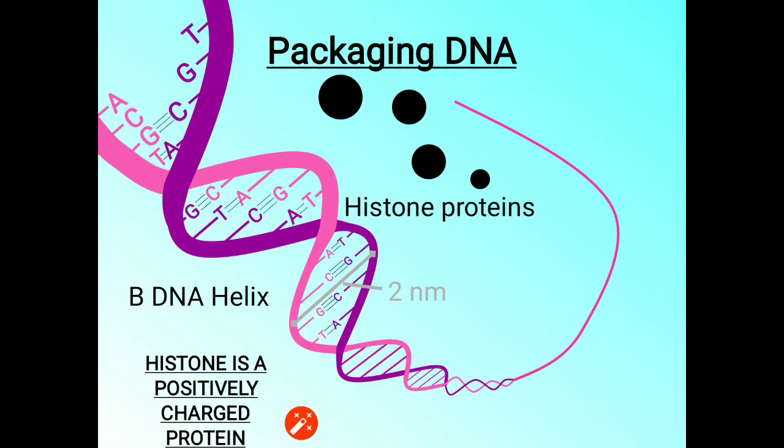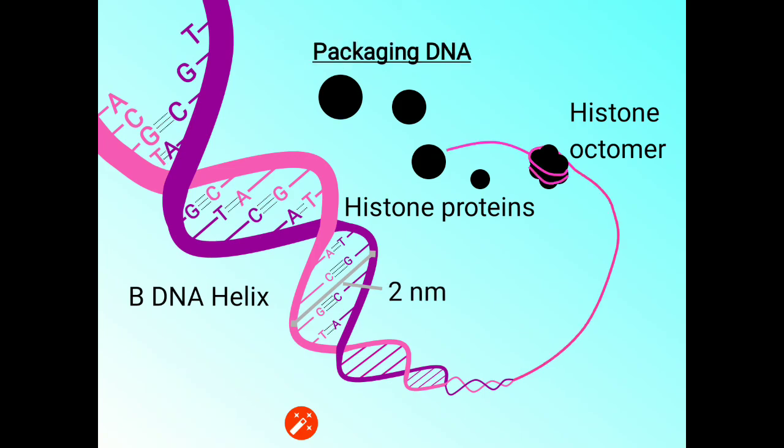In the figure they have shown the B DNA helix, that means in each turn it has 10 base pairs. Here is the histone octamer and the coiling of the DNA over it, which forms the nucleosome.